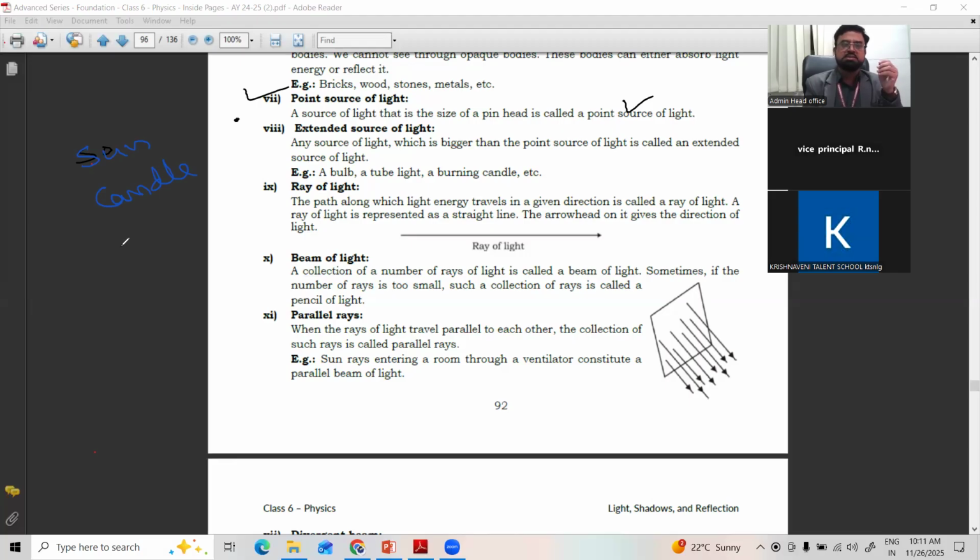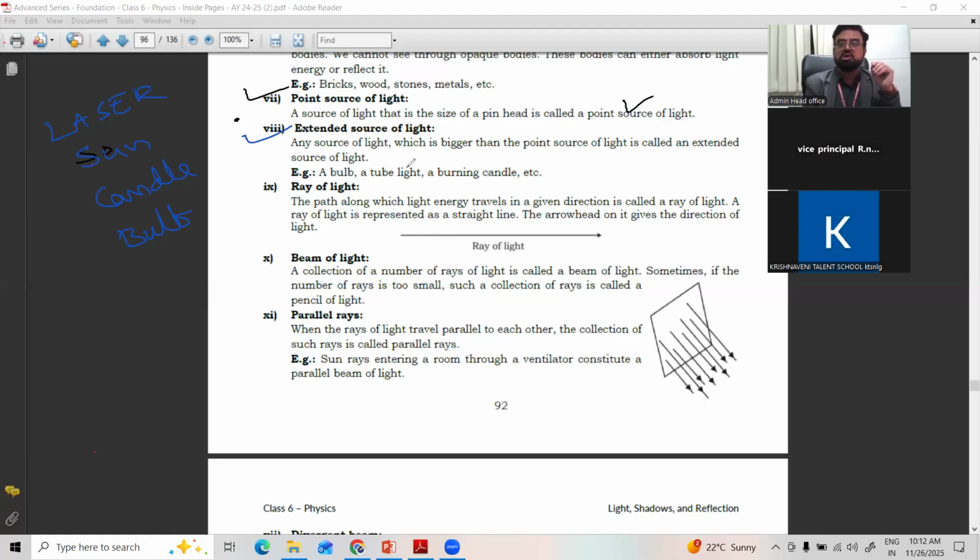All the luminous bodies which give out light are called sources of light, right? A point source of light is a dot, like a laser. Laser gives light as a point source. So any source of light which is the size of a pin head is called a point source.